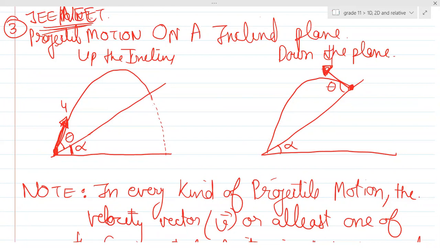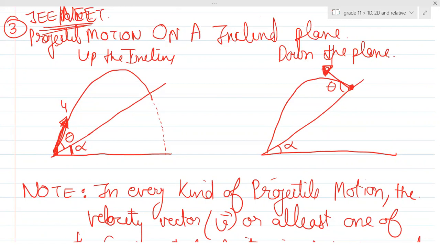Well, let's see what to do. You can scroll down.